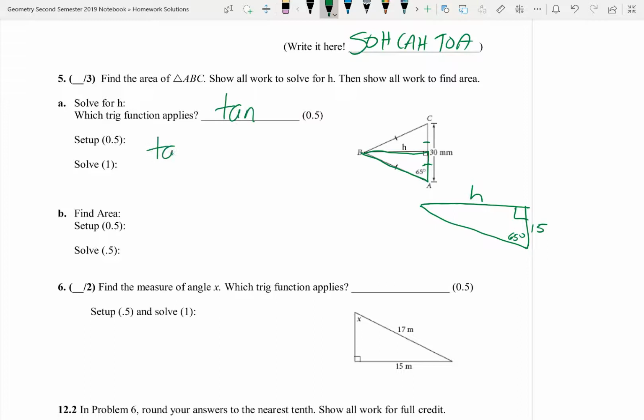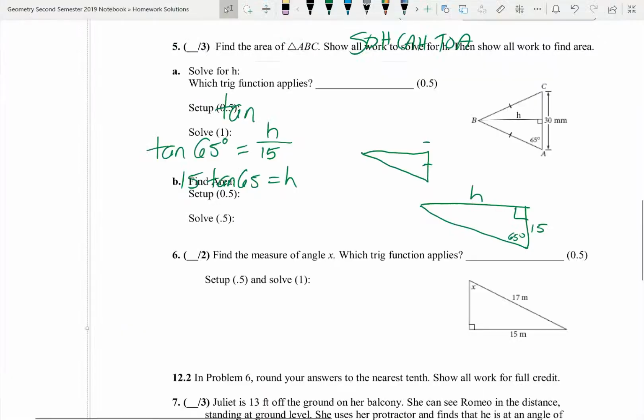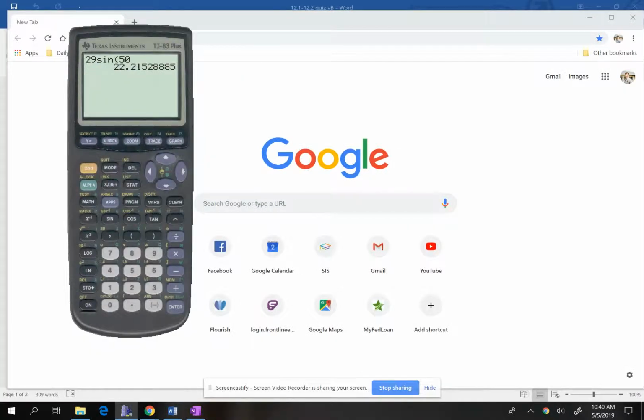So tan of 65 degrees will equal the opposite leg divided by the adjacent leg, and then multiply both sides by 15, and 15 tan 65 is equal to h. So now go ahead and get that. 15 tan 65, 32.167.